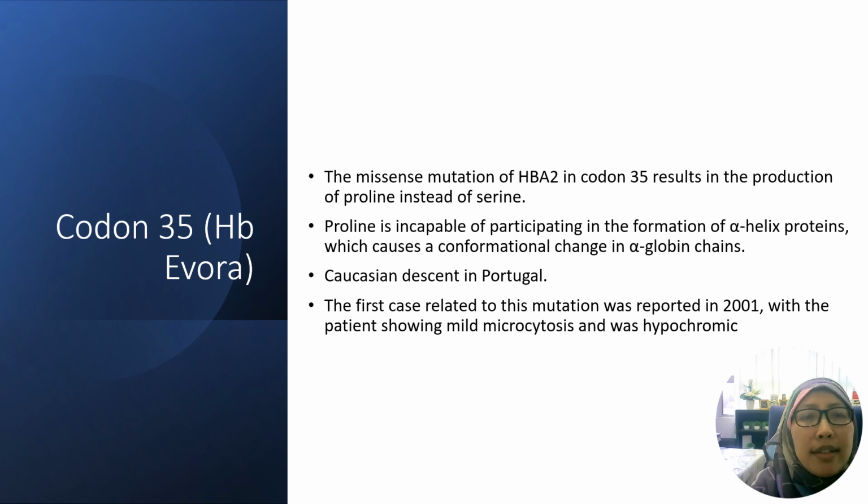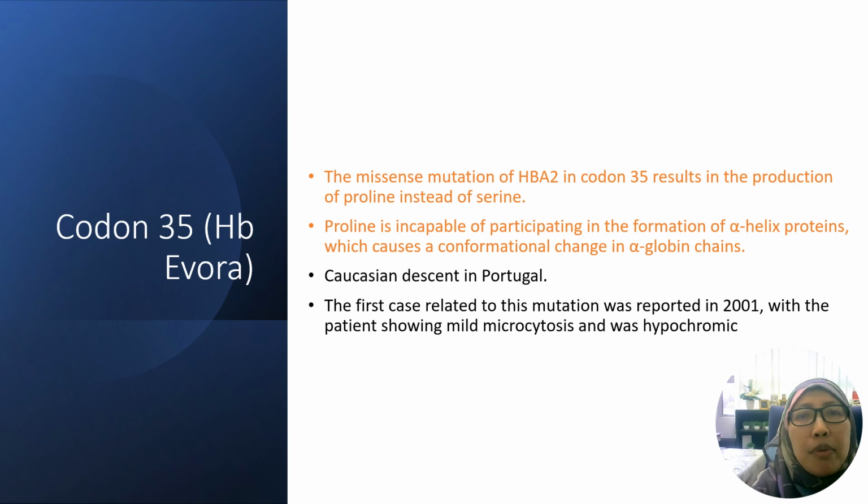Now let's learn a bit about hemoglobin Evora. The missense mutation of HBA2 in codon 35 results in the production of proline instead of serine, leading to the production of a variant known as hemoglobin Evora. Proline is incapable of participating in the formation of alpha helix protein, which causes a conformational change in alpha-globin chains.